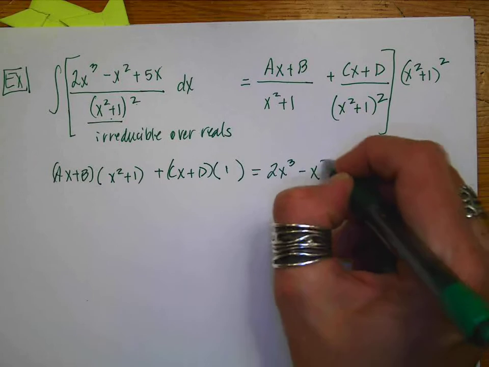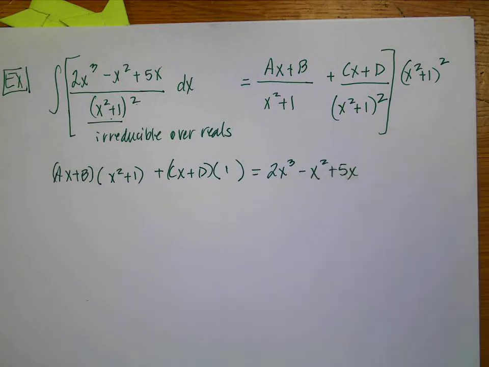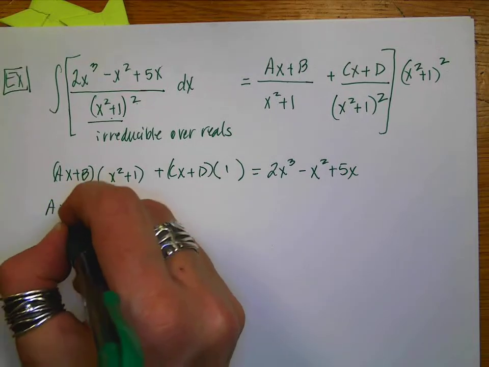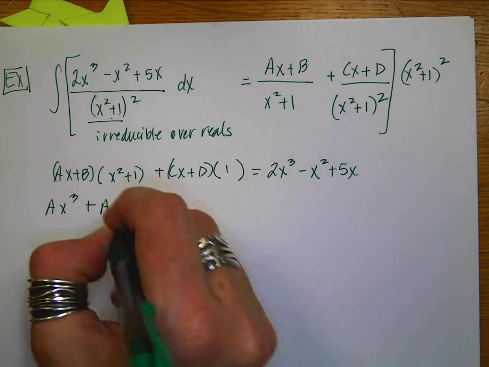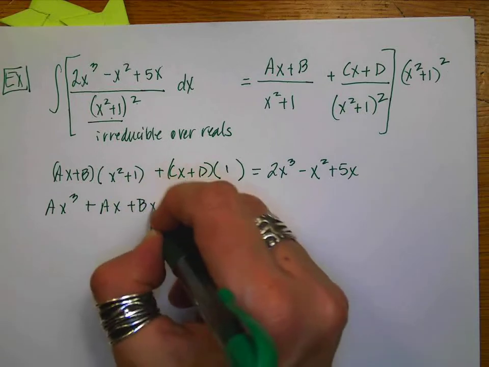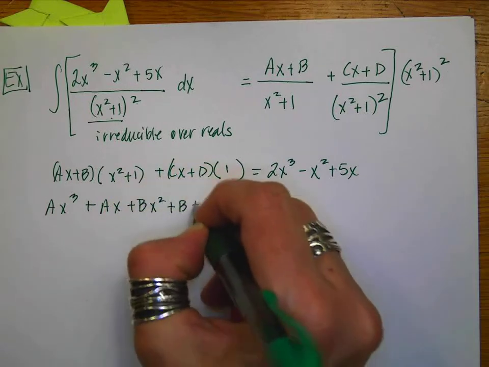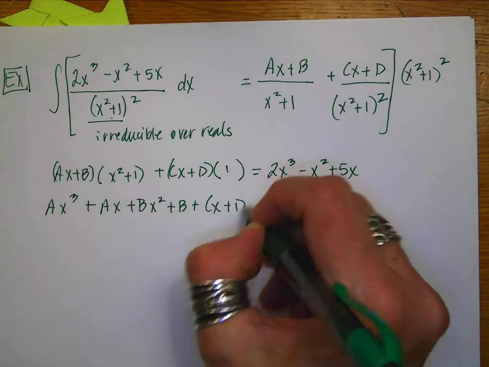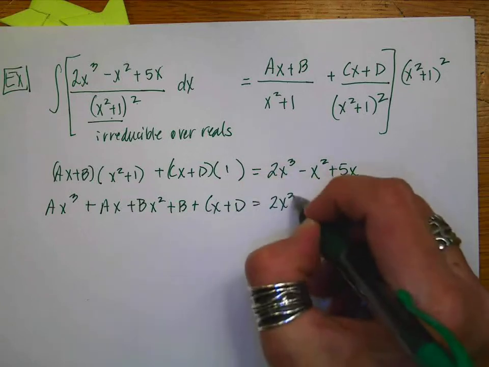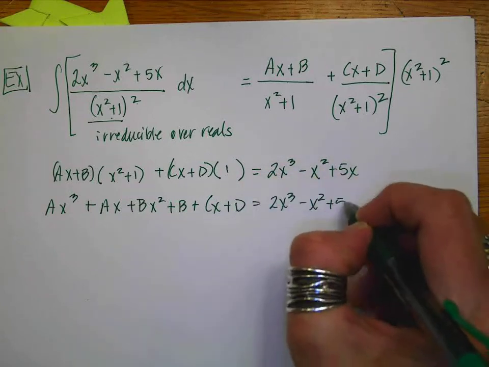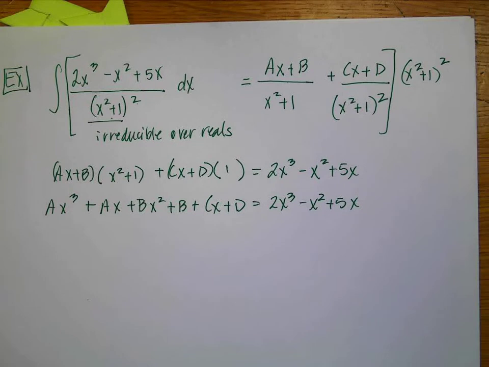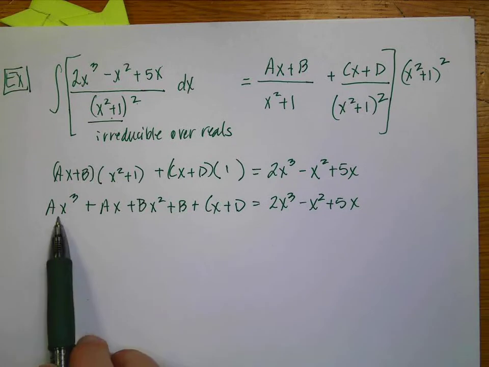Okay, and then it's going to equal 2x to the third minus x squared plus 5x. So when I do my multiplication, I'm going to get ax to the third plus ax plus bx squared plus b plus cx plus d is 2x cubed minus x squared plus 5x.